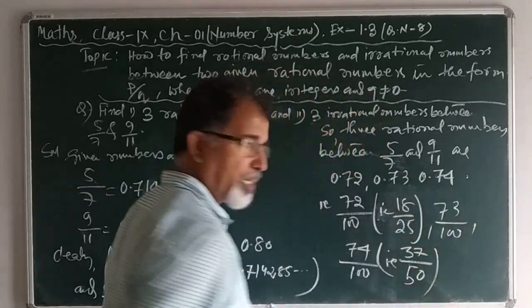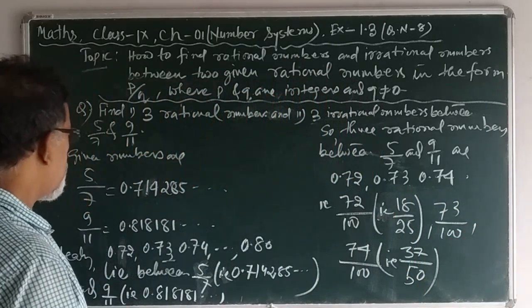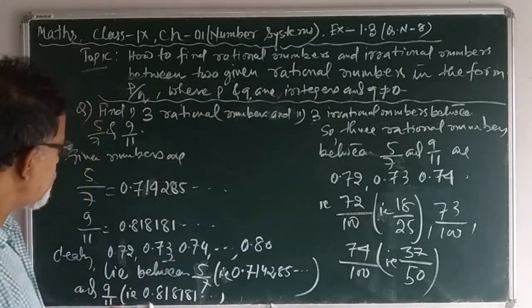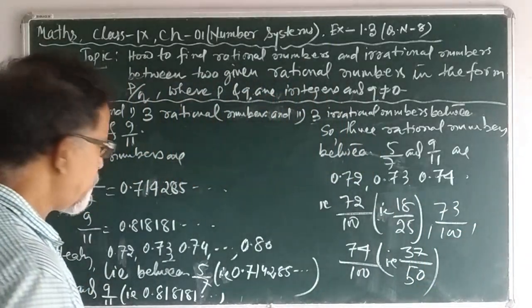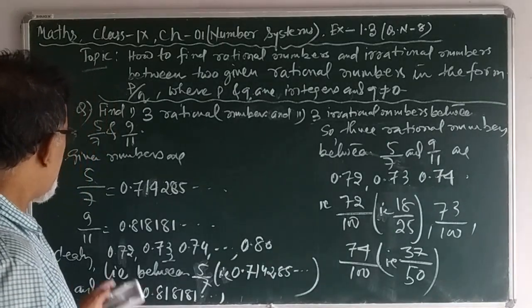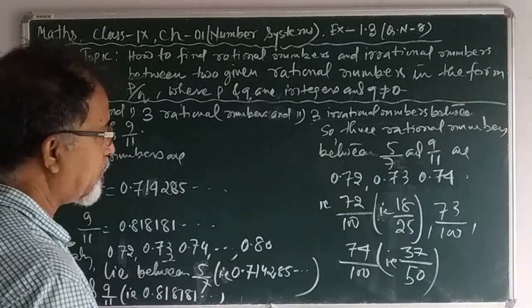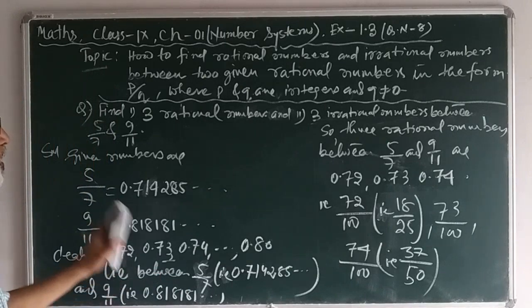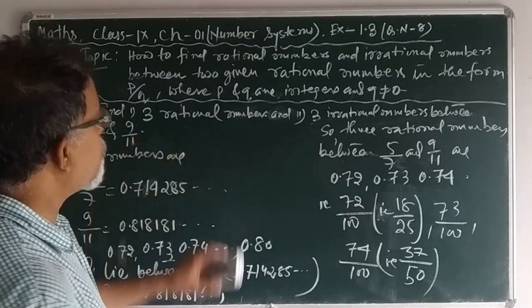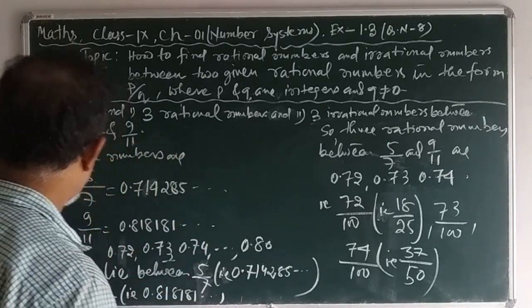We can write it any way. I think all of you understand this method of finding rational numbers between two rational numbers.